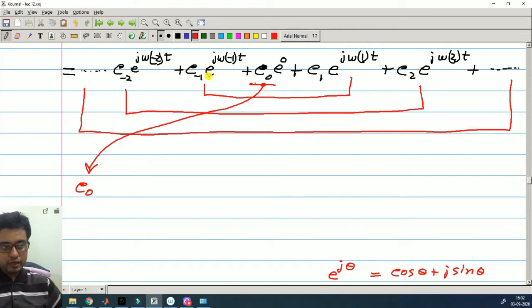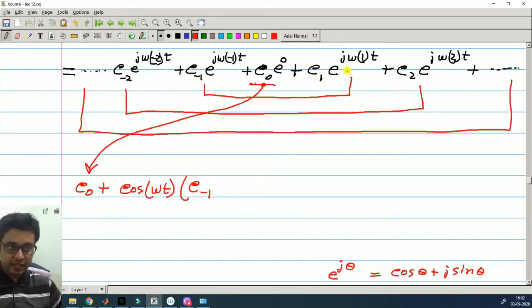So if we express exponentials into cosines and sines, then from here we will get cosine omega t, since minus omega t and plus omega t are the same, cosine omega t multiplied with C minus 1, and from here also we will get another cosine omega t, but that multiplied with C plus 1.